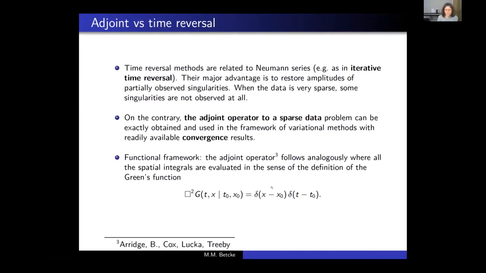Here we really work with points for the forward solver. The difference is that everything works exactly as in the paper, but all the integrals have to be evaluated in the sense of the definition of the Green's function.